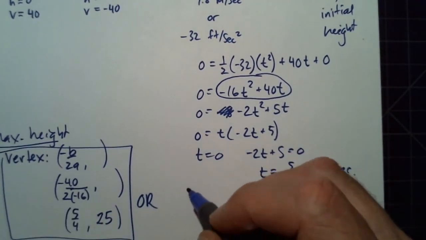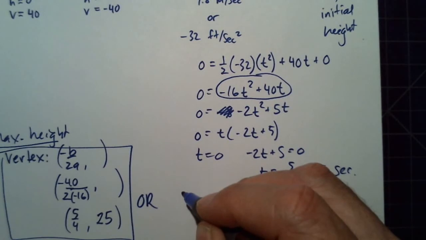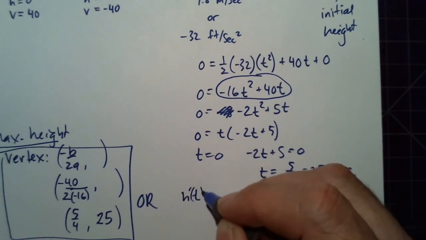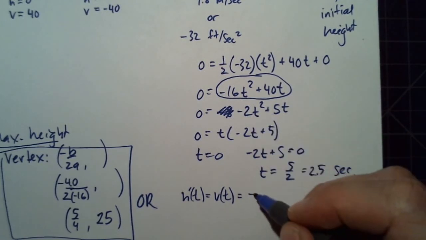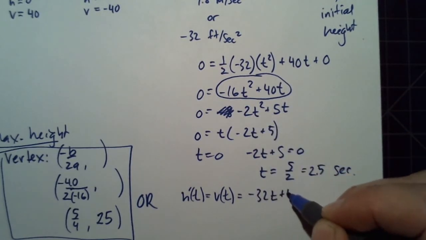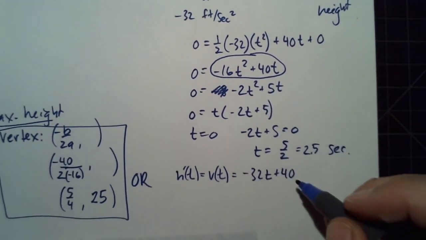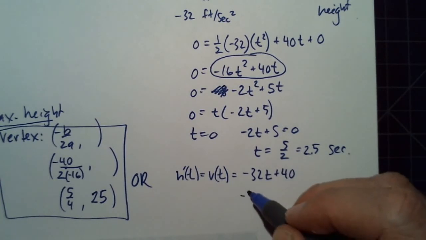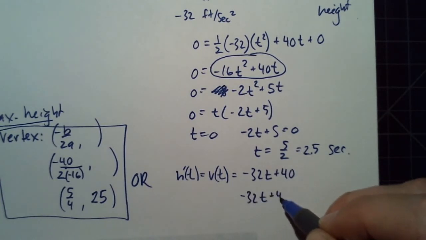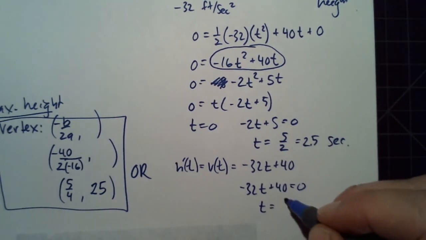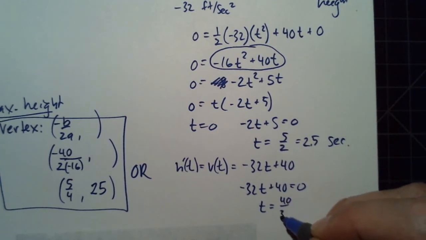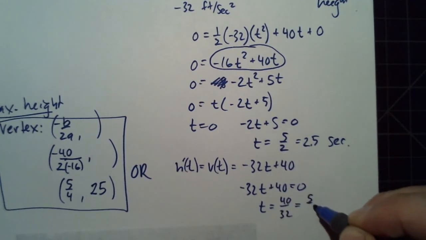So we find h prime, which is velocity, is going to be -32t plus 40. We want to know when that equals 0. -32t plus 40 equals 0. t is going to be 40/32, or 5/4.